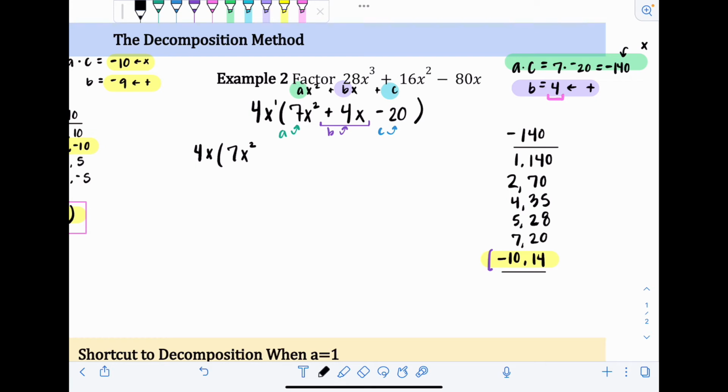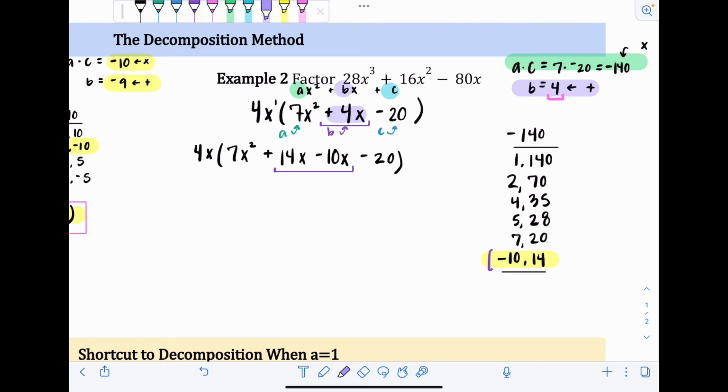You could do negative 10x plus 14x or 14x minus 10x. This time I'm going to switch the order, so I'm going to do plus 14x minus 10x, and then bring down the minus 20.